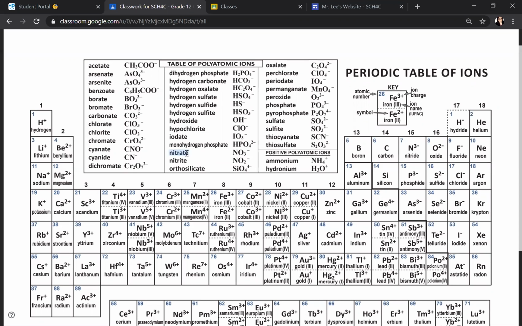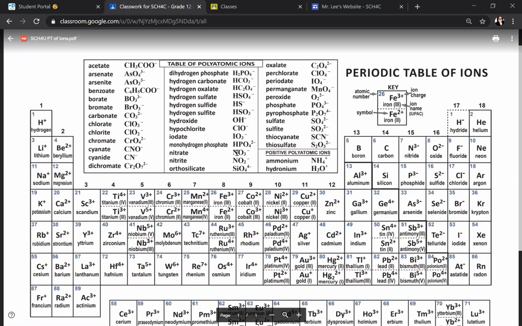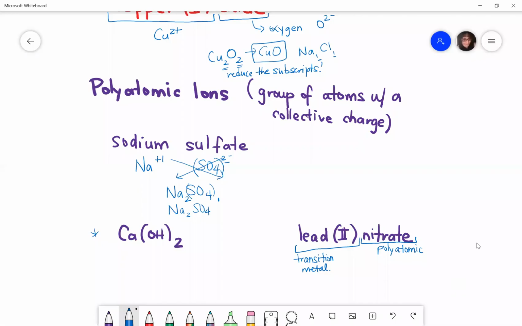Nitrate, ATE, is this one right here, the NO3 minus, and the lead 2, lead number 82, is right here, Pb2 plus, and we have an NO3 minus. So that one and that one.